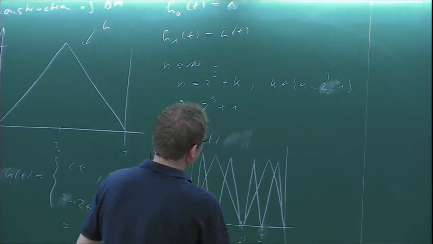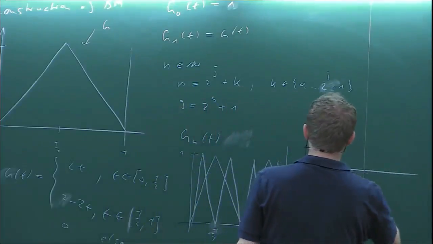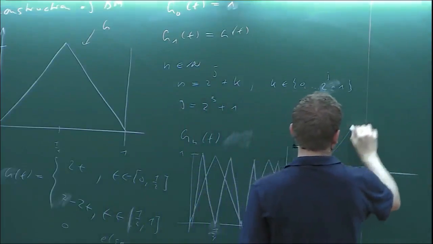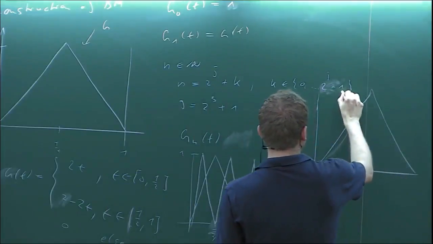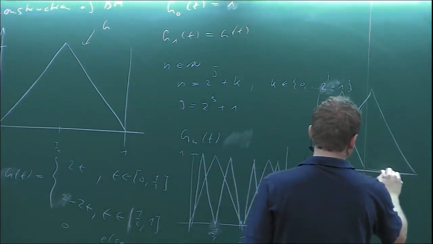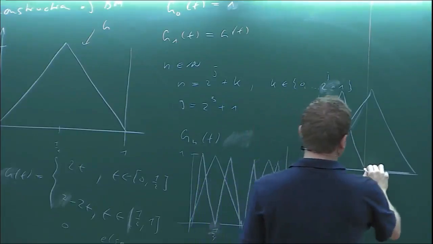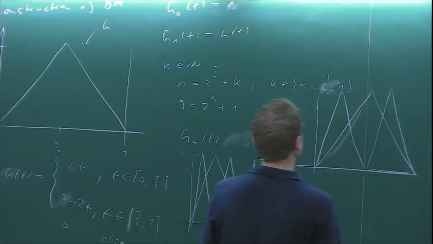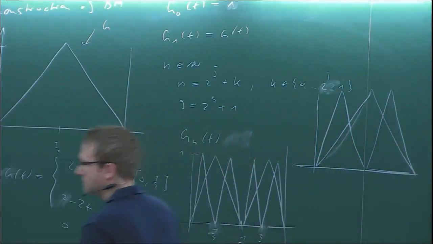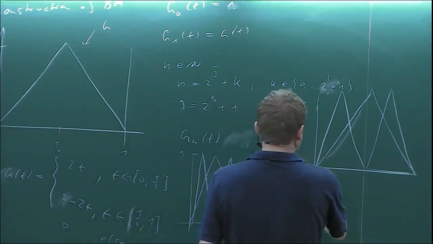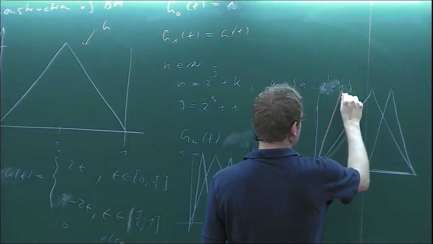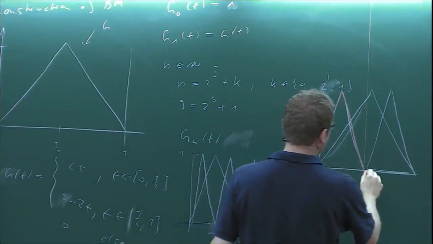So G1 we have already here. This is this one. So G2 is just this function, being 0. G3 will be this one. Maybe with colors it's even easier. So this is G2.